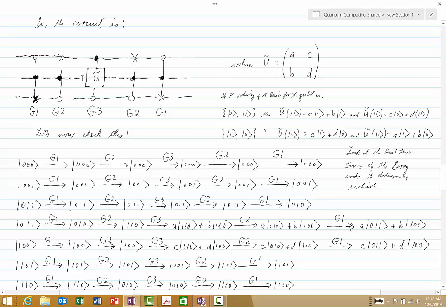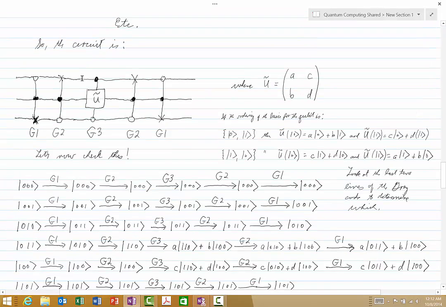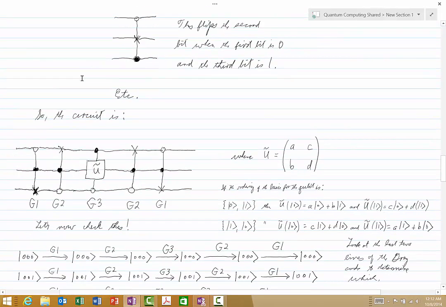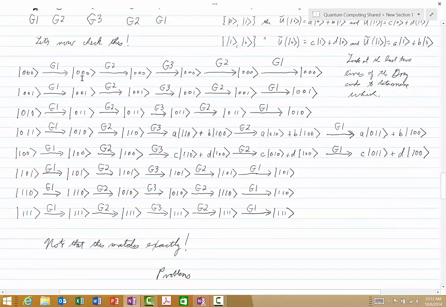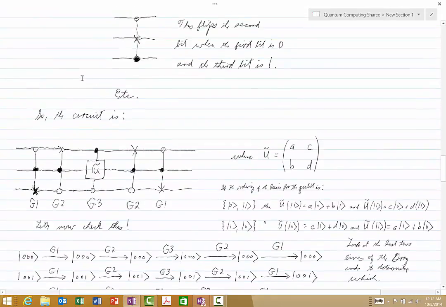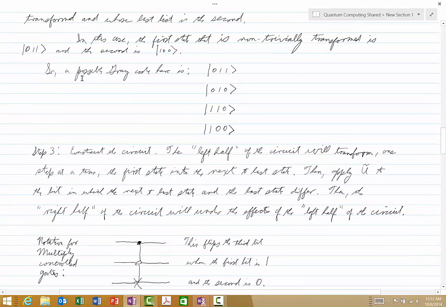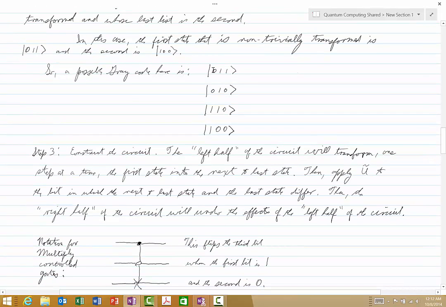Well, where do you find that out? The answer lies in this gray code that you used to transform from the first non-trivially affected state to the last non-trivially affected state.